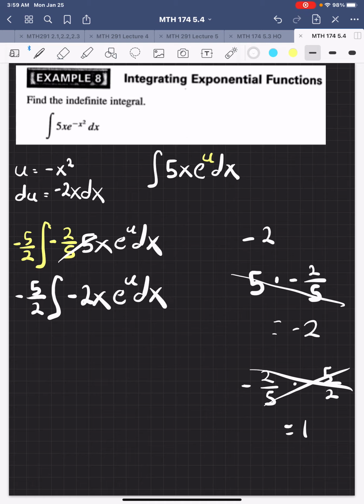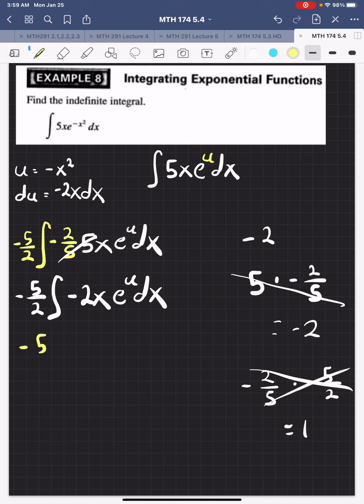All right, well, some magic's about to happen, right? So this negative 2x and this dx is exactly what I need to insert du. So this negative 2x dx is about to disappear, and in its place is about to be a du. Listen, I know it's been a while.